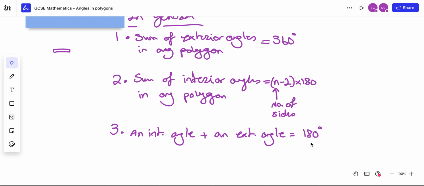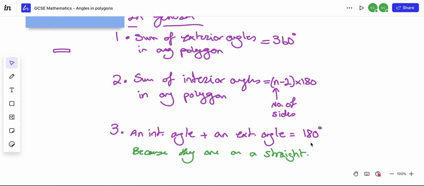Why is that? Because they are on a straight line, and we know that angles on a straight line add up to 180.